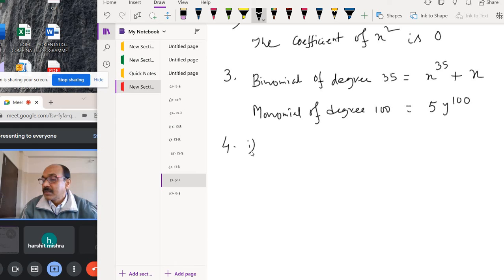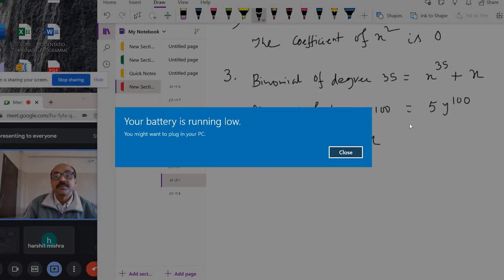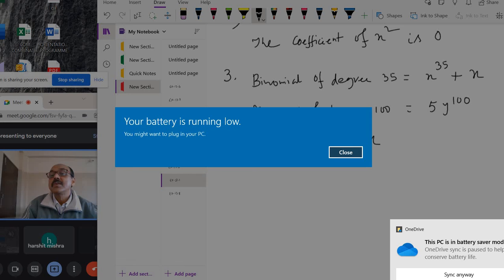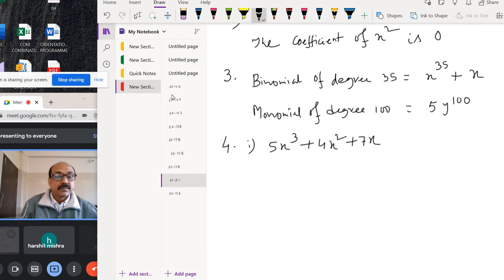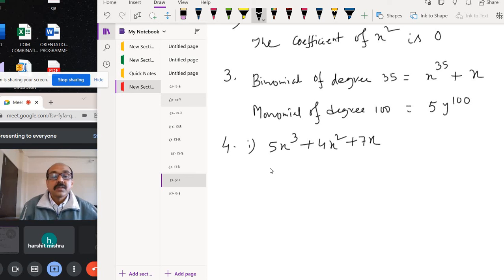First question is 5x cube plus 4x square plus 7x. Yes, sir.